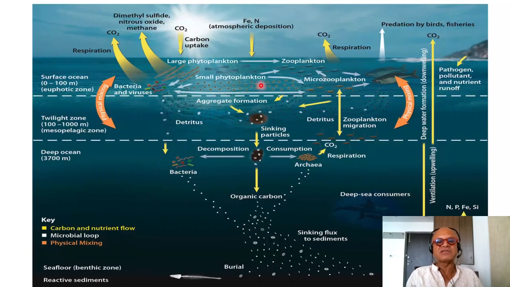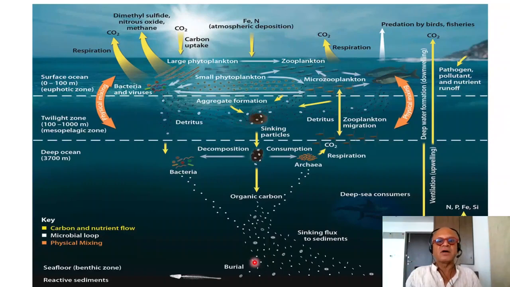There are aggregates being formed which can sink and take organic carbon deep into the ocean and bury it deep in the bottom of the ocean. So you can imagine that species that are forming calcium carbonate shells, that we will see in a minute, are sinking to the bottom and are getting buried under pressure and temperature. They are getting metamorphosed into limestones, and with tectonic movement they are getting exposed.